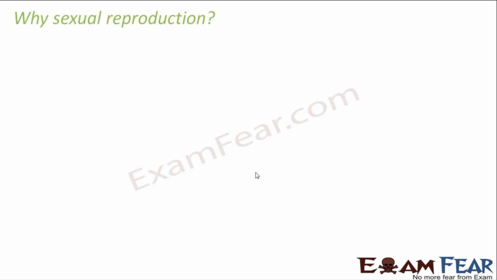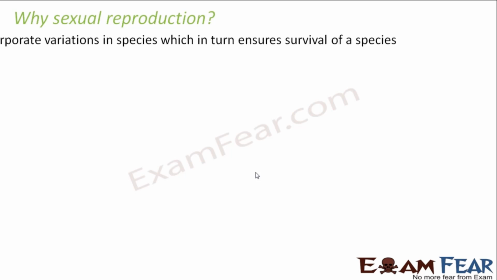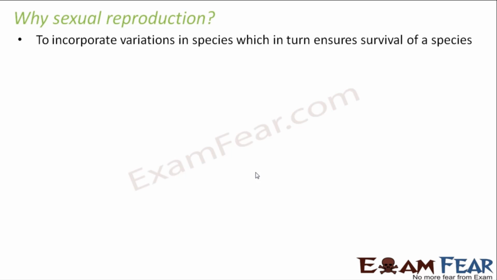So let us look at some of the reasons where sexual reproduction has certain advantages which were not present in the asexual mode. First of all, to incorporate variations in species, which in turn ensures survival of a species. So this term, variation, was possible only with sexual reproduction.